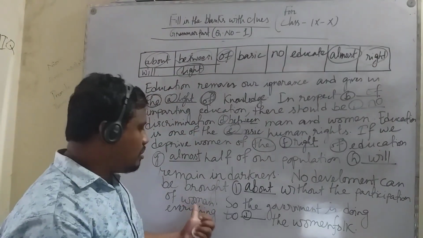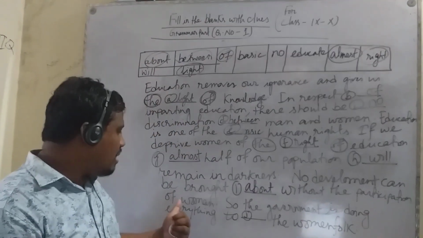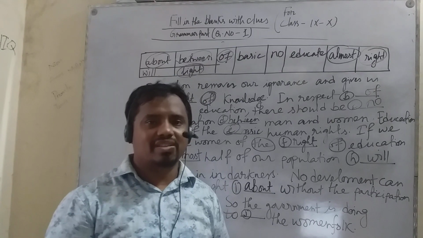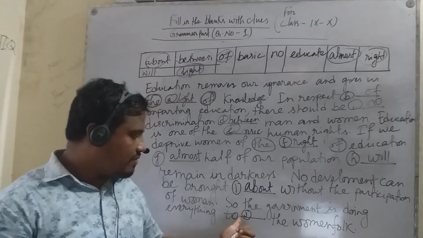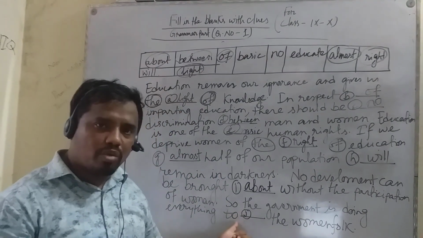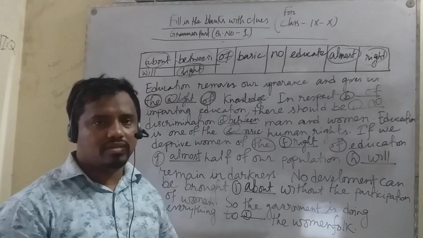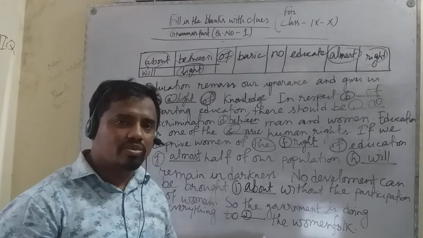Without the participation of women. So the government is doing everything to, as we have discussed about the use of verb in a sentence, if there is a to, it will be followed by a noun, or you can use a verb here.